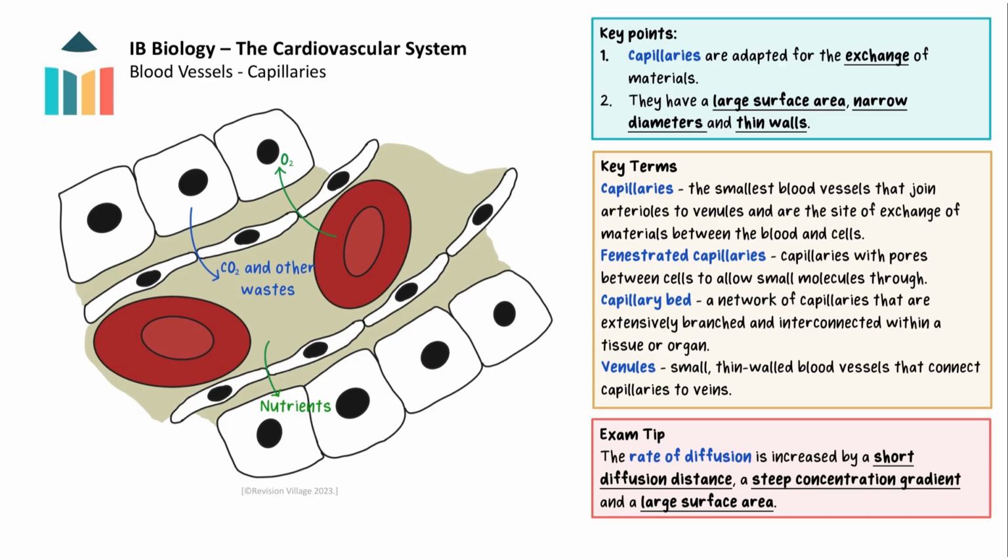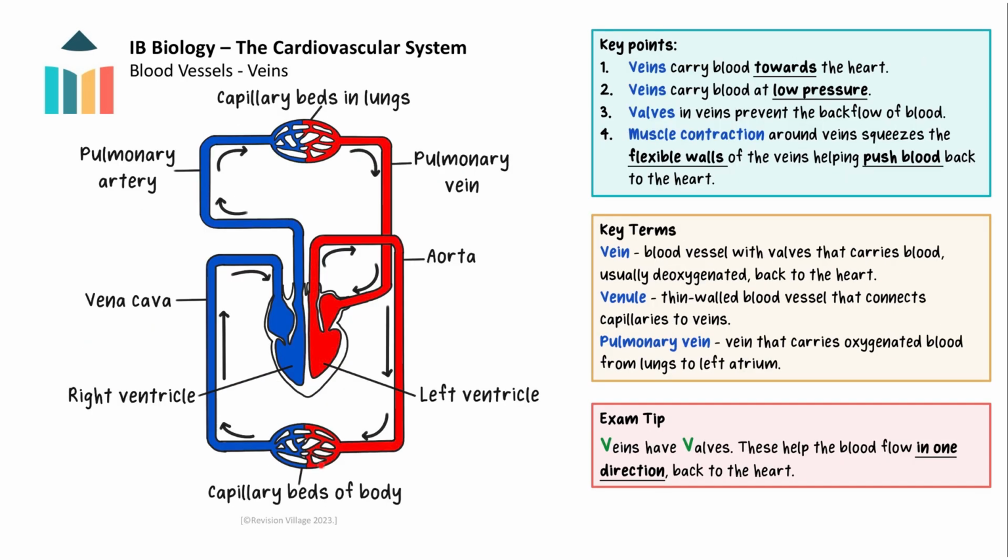The narrow lumen and thin walls of capillaries minimise the diffusion distance, and the highly branched structure of the capillary bed increases the surface area to make exchange of materials as efficient as possible. The capillaries connect with venules, which are thin-walled blood vessels that connect up to veins.